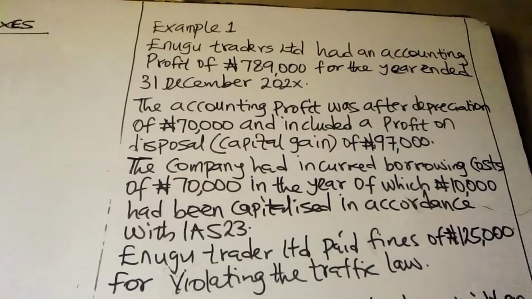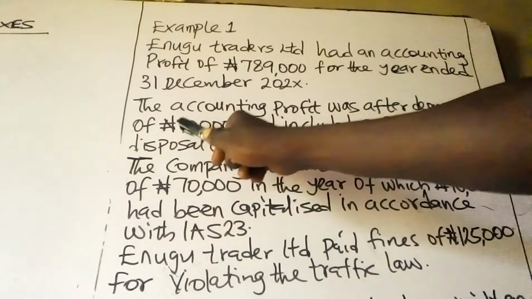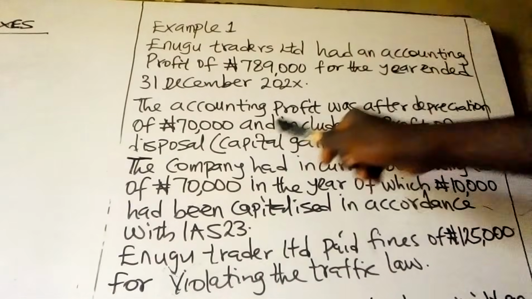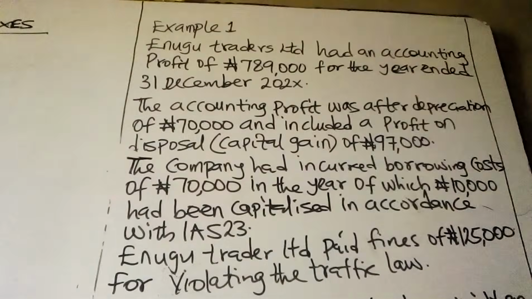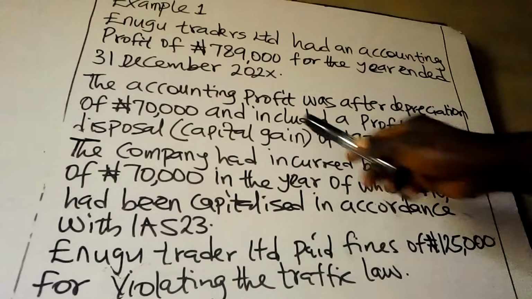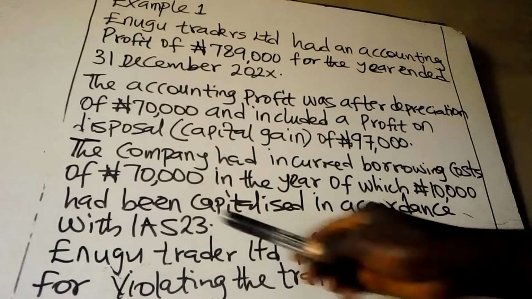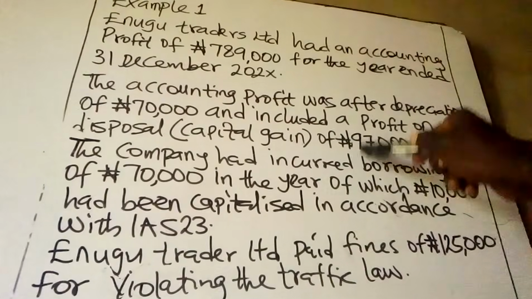The accounting profit was after depreciation of 70,000 naira and included a profit on disposal, that is capital gain, of 97,000 naira.